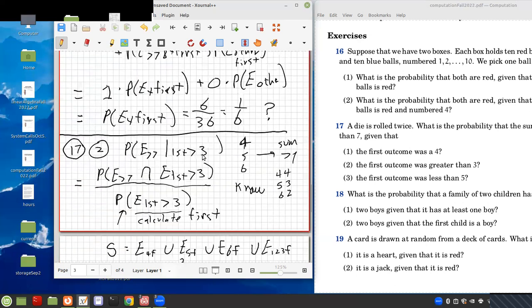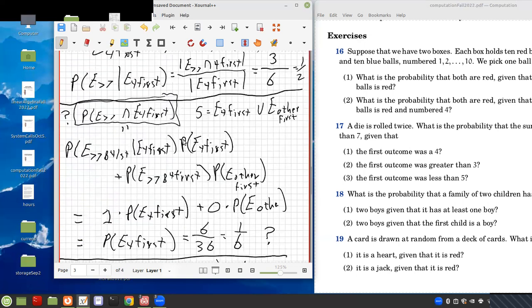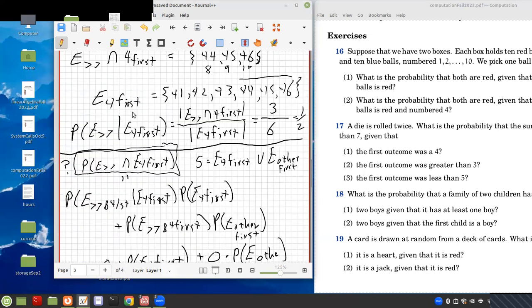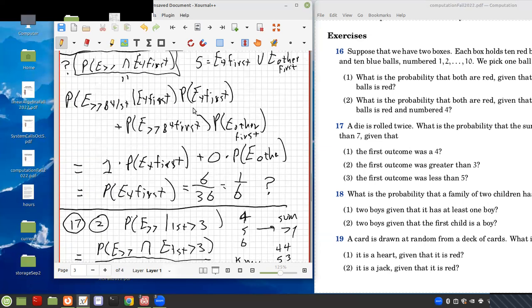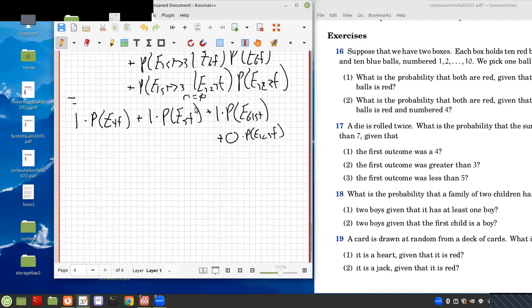Well, from looking up this first one, we calculated the probability of E4 first. Let's just repeat that. The probability of E4 first equals the number of outcomes where there's a 4 first over the sample space size.